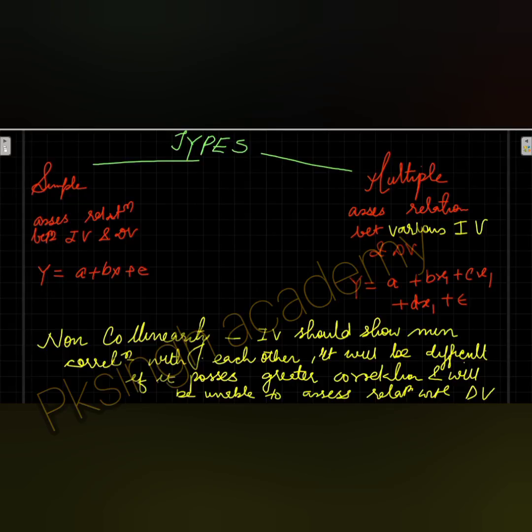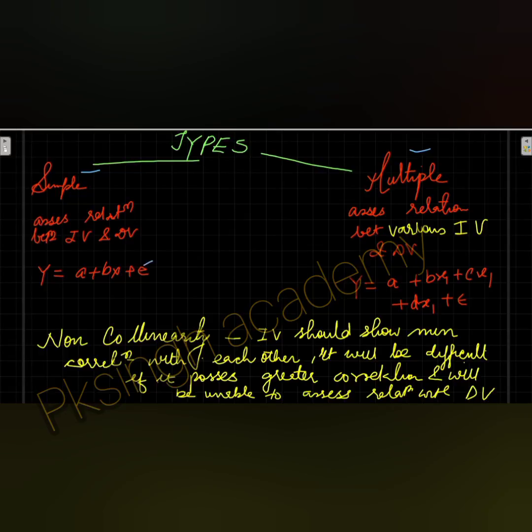Now we'll see the types of regression analysis. There are basically two types. The one is simple and the other is multiple. Simple regression analysis assesses the relationship between one independent variable and one dependent variable. Here the formula is y is equal to a plus bx plus e.